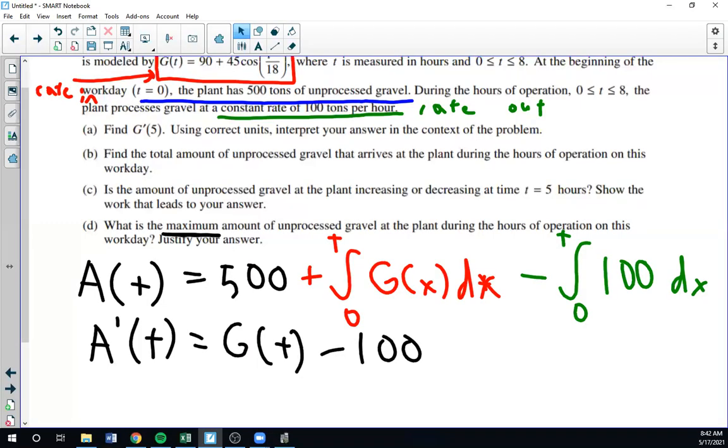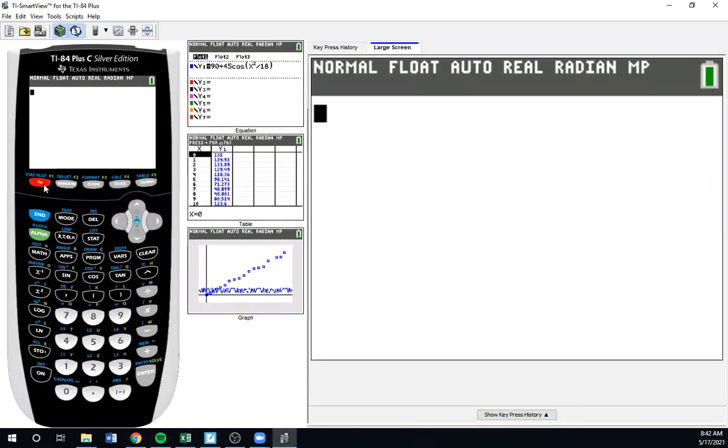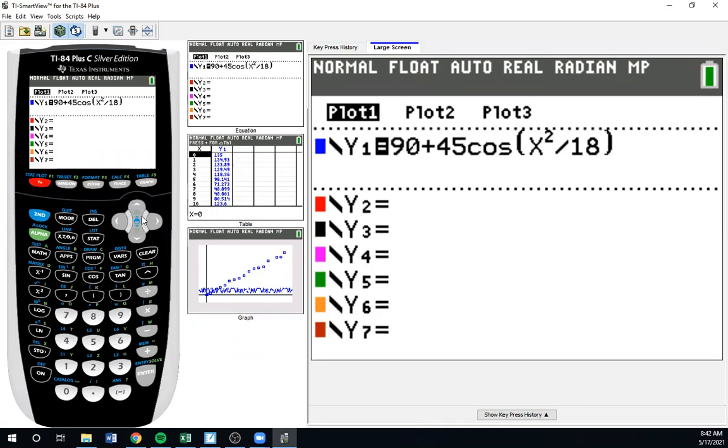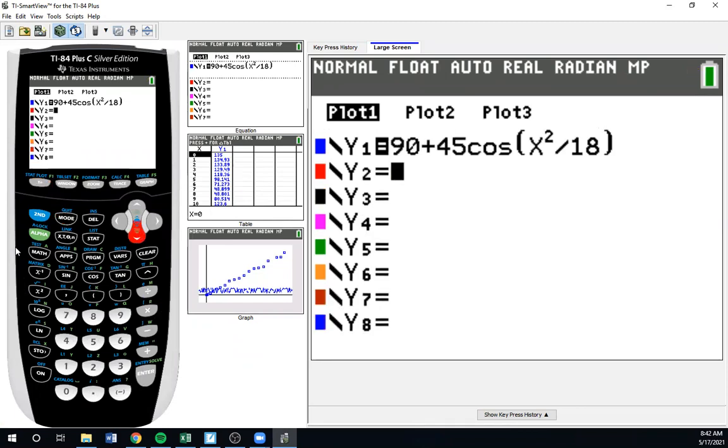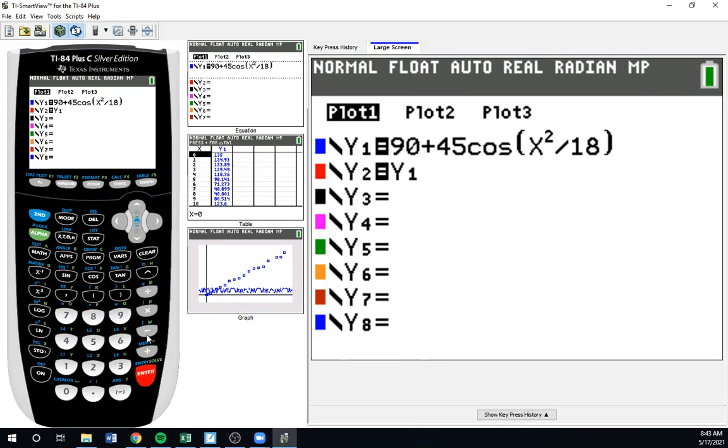Go into the calculator. I just figured out that I want to know where g of t minus 100 equals 0. So real quick, here's my g of t. So the function I actually want is that g of t, so y1, minus 100.